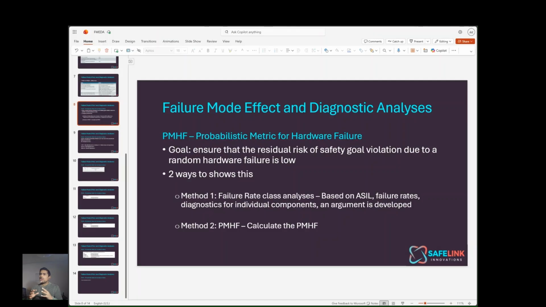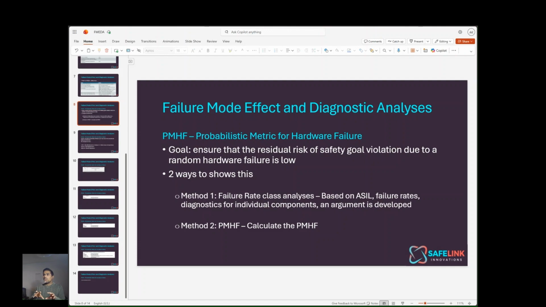Now, this method is not a very popular method because there is a lot of subjective argument around it, which is why we want to use a second method of calculating the PMHF. Calculating the PMHF takes into account the overall failure of the entire system. What is the probability of failure of the entire system?